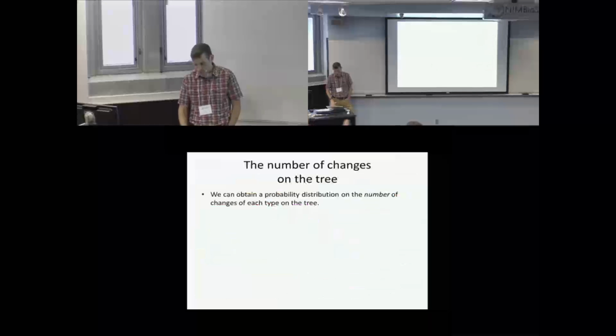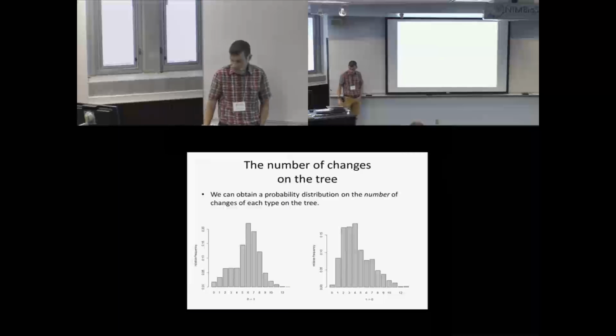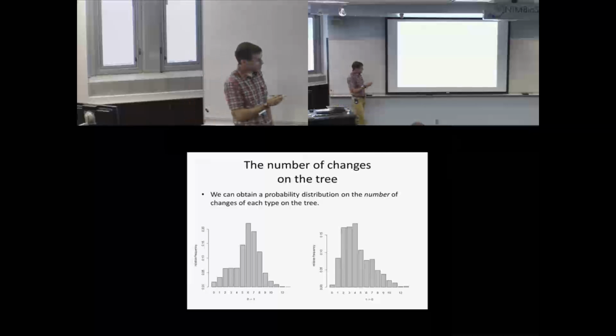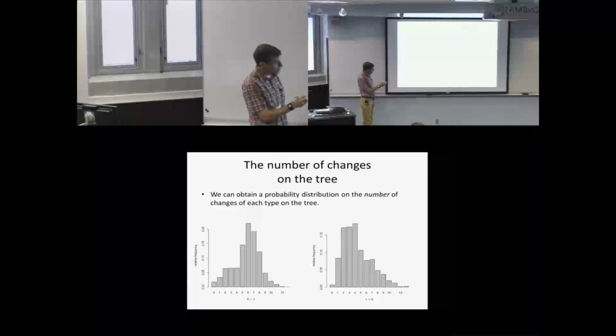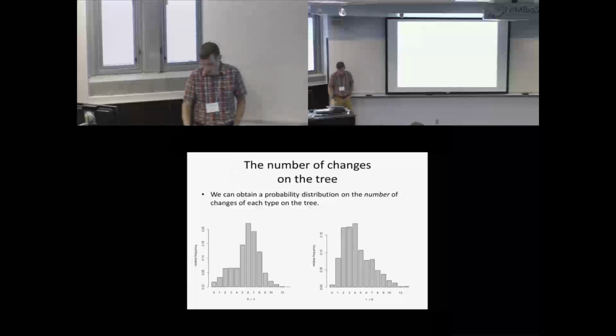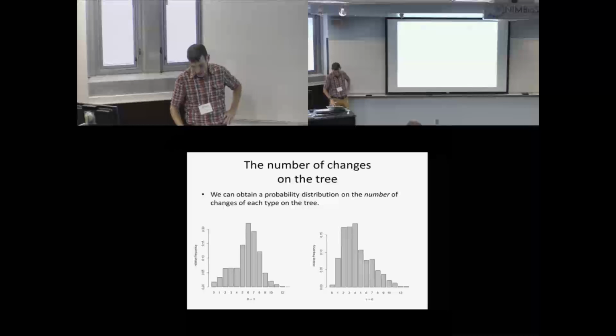Something else that we can obtain from the posterior distribution of trees is the number of changes of each type. For instance, here is a distribution of forward changes from 0 to 1, and a distribution of backward changes from 1 to 0. We can theoretically obtain this under any particular model.